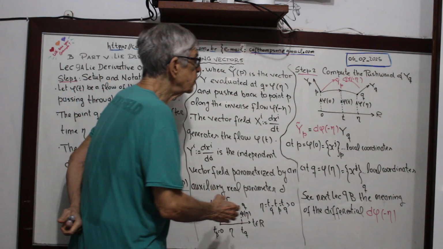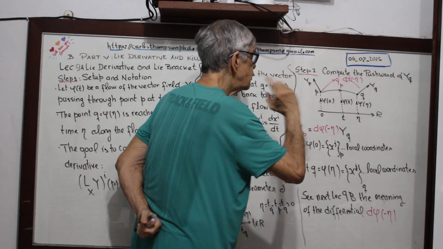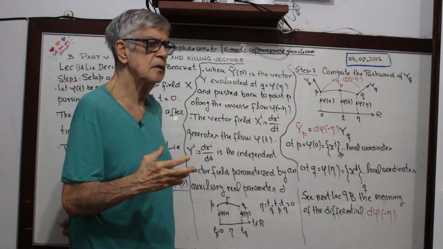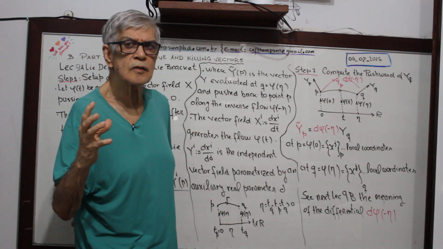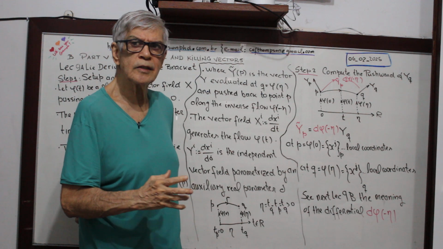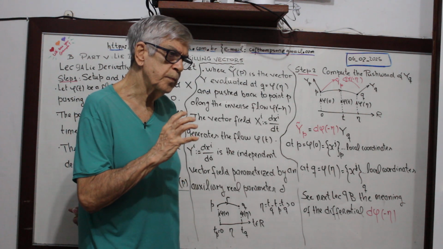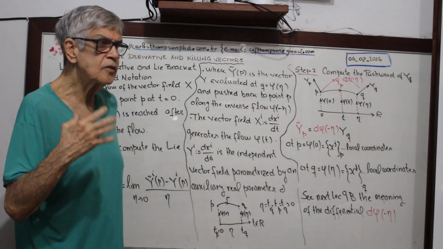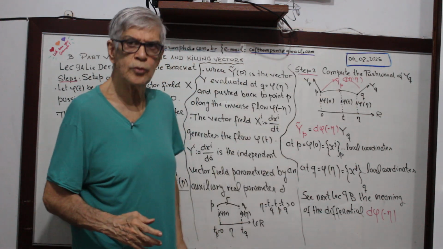Now, step 2, we're going to compute the push forward of Y_Q. Again, I insist that we will not use the pullback or the adjoint identity. I'll just use the push forward of Y_Q.